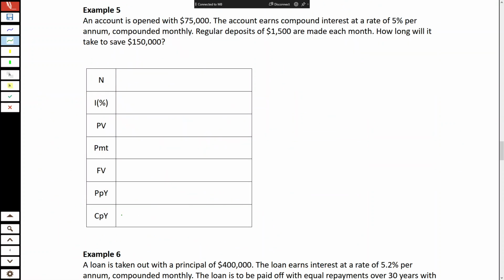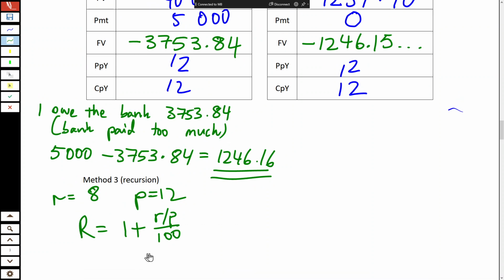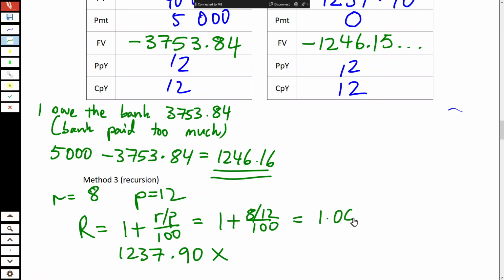So you do 1237.9 times R. If you do that calculation again, you should get 1246.15 up to the nearest cent.